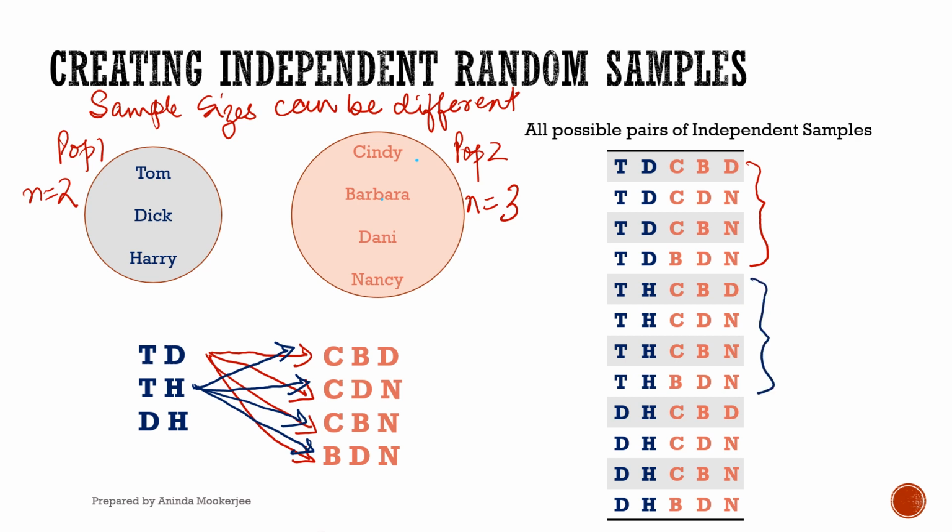And finally, they've done the same thing with DH. All right, so each of these have been combined, and these are all the possible samples. So 4 times 3, 12 possible pairs of independent samples. So this is one way of coming up with independent random samples, where we can use different sample sizes for the 2 different samples that we derive from the populations.